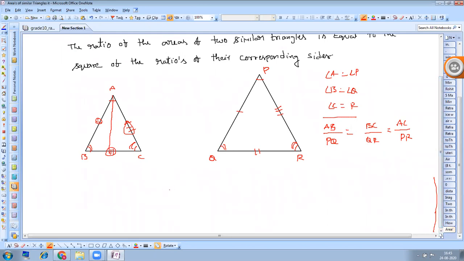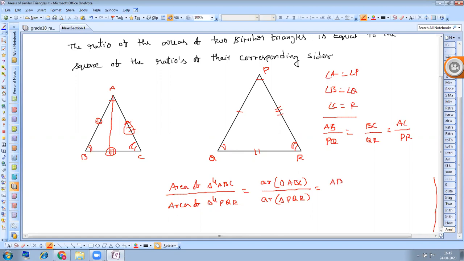Area of triangle ABC divided by area of triangle PQR, for short form we can write it like this, will be equal to the squares of the ratios of the corresponding sides: AB by PQ whole square, BC by QR whole square, AC by PR whole square. This is what we can prove.